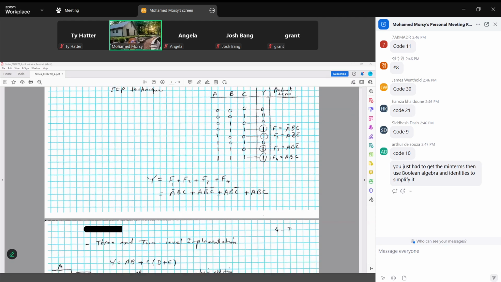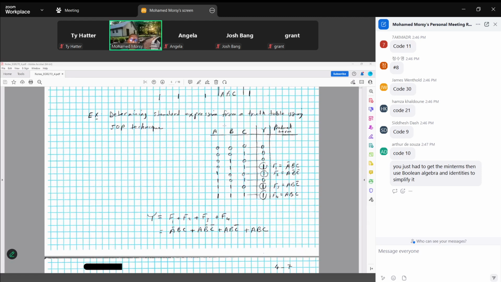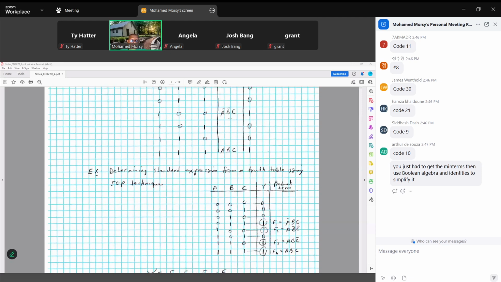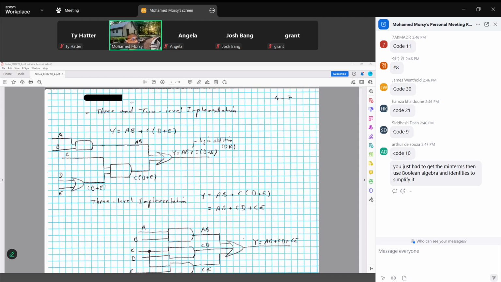This gives you the standard expression. But after you get that, what we need in the homework is just to simplify this expression using Boolean algebra, like we mentioned before. Okay? So the only part left is this one here.